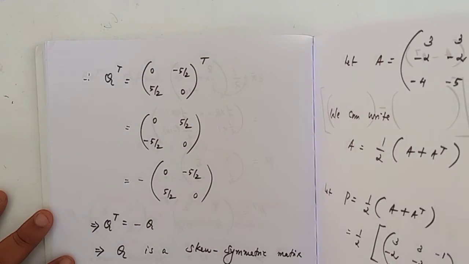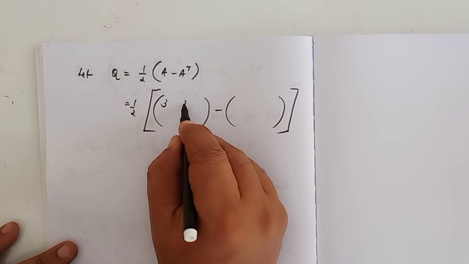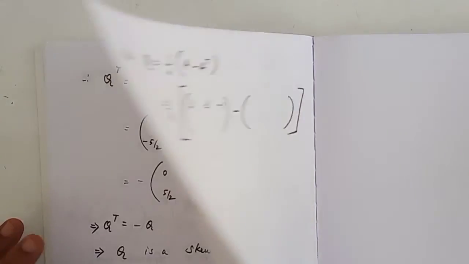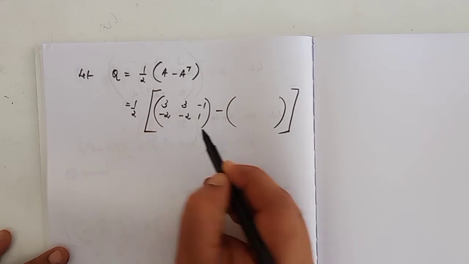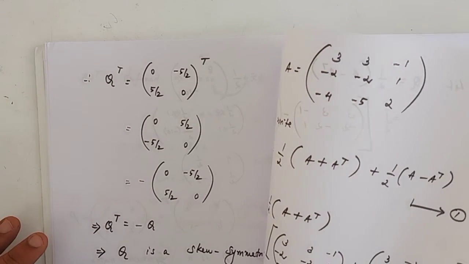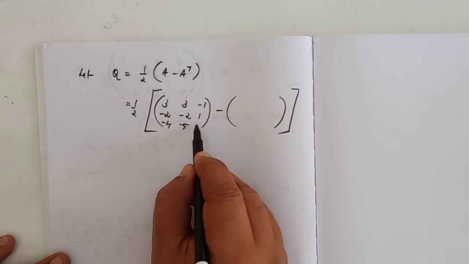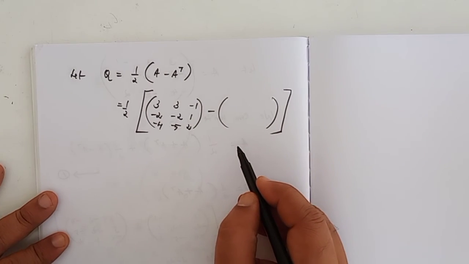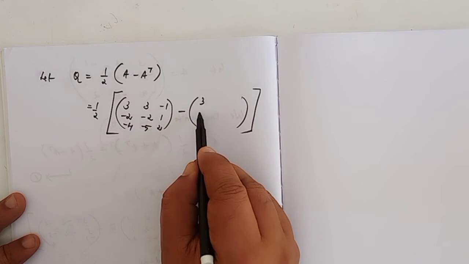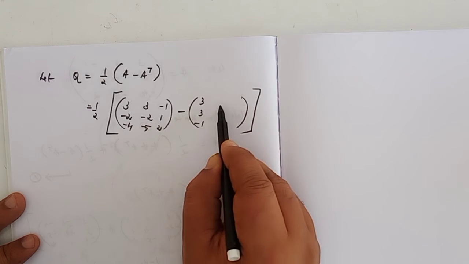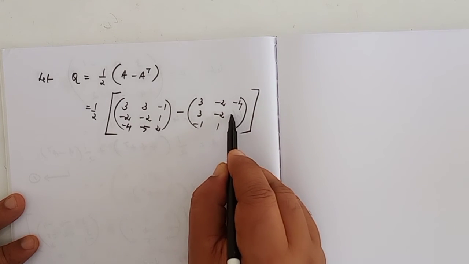A matrix, you know, is 3, 3, minus 1, and second row minus 2, plus 1, and third row is minus 4, minus 5, 2. Here we have A transpose; you can directly write the first row in first column, second row in second column, third row in third column.